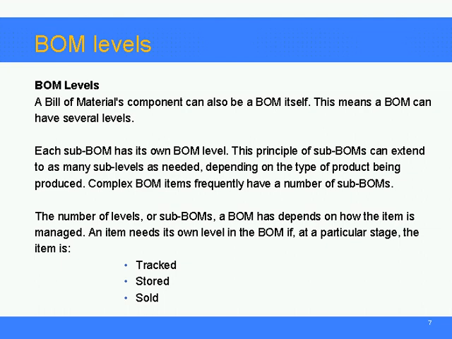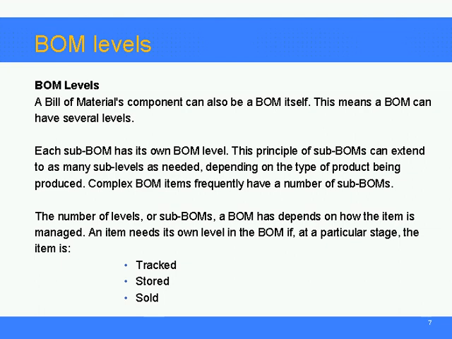Now let me talk about the BOM level. A bill of materials component can also be a BOM itself. This means a BOM can have several levels. Each sub-BOM has its own BOM level. This principle of sub-BOMs can extend to as many sub-levels as needed, depending on the type of products being produced.